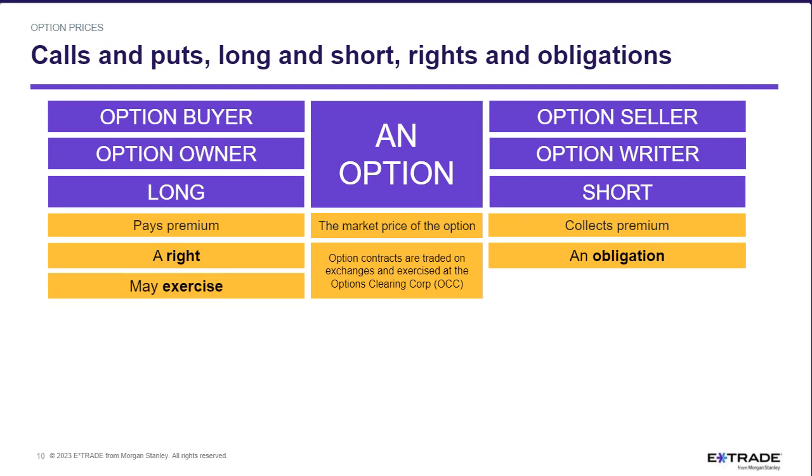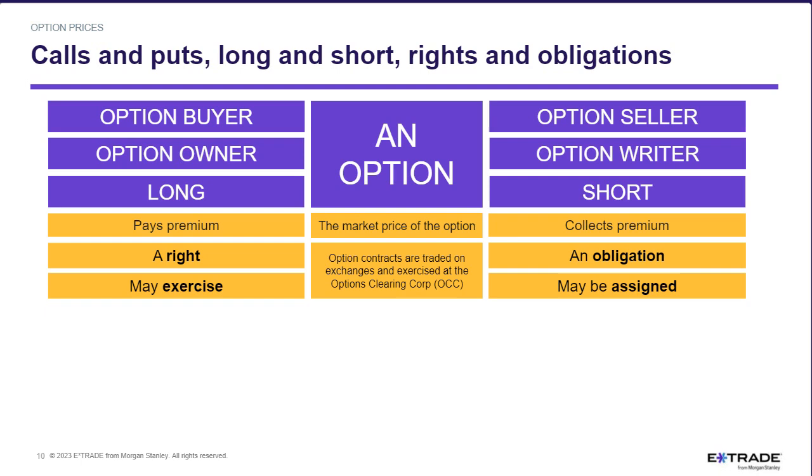Exercising your right is like going to Luigi's and forking over the $10 in the pizza coupon and getting the pizza. That's exercising your right to buy pizza. And in that case, Luigi's may be assigned. So this is the idea that when you write an option, you may be forced to carry through on your obligation. That's called being assigned when someone who owns the option exercises their right.